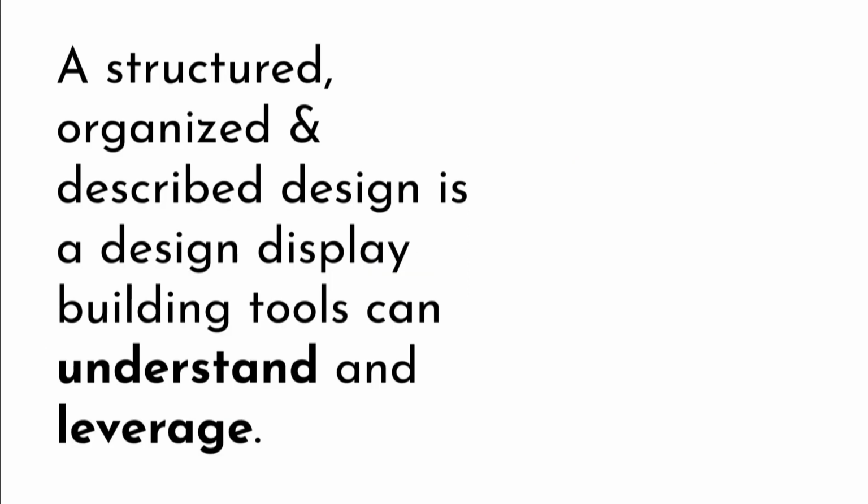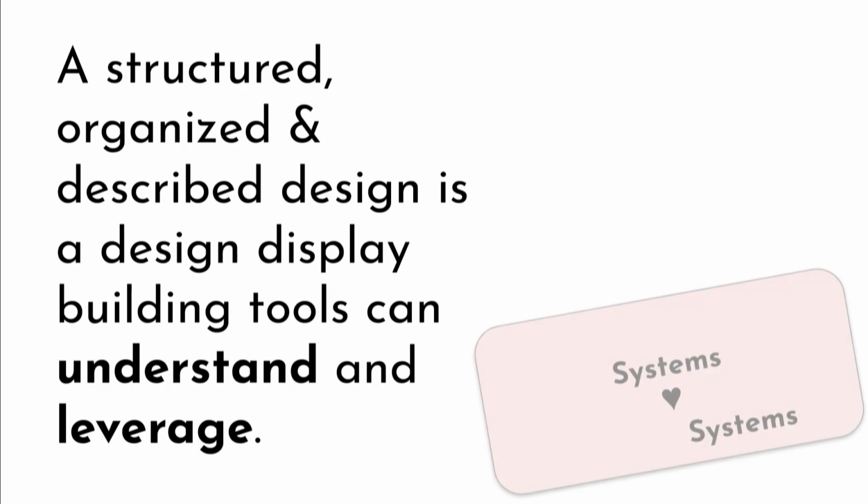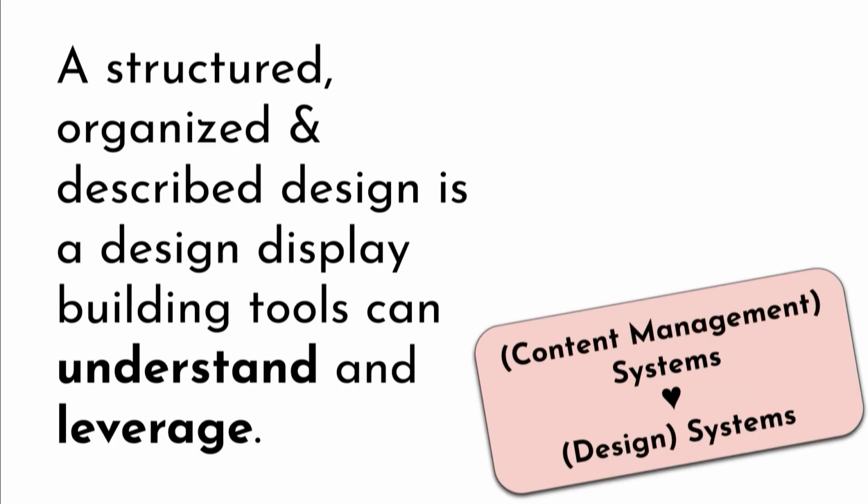And this organization, this structure into the design implementation, makes it useful for Drupal and other tools. Because system loves systems, so content management systems are comfortable with design systems.